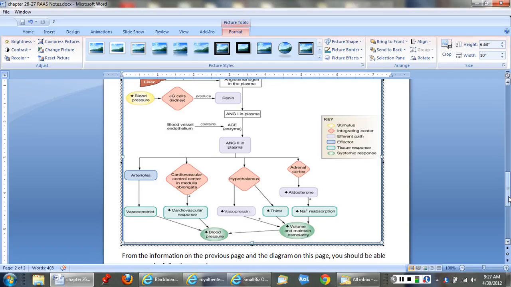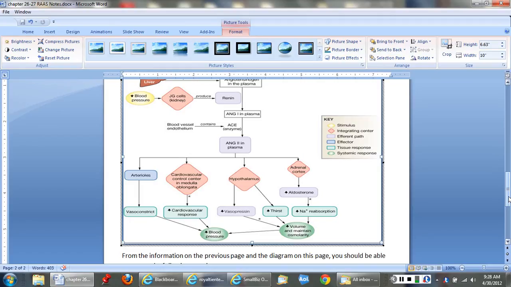So look at the first one, the arterioles. So remember we said angiotensin 2 has what effect on blood vessels? Vasoconstriction. So you see angiotensin 2 stimulates vasoconstriction, which does what to blood pressure? Increases blood pressure. Okay, so angiotensin 2 also acts on the control center in the medulla.